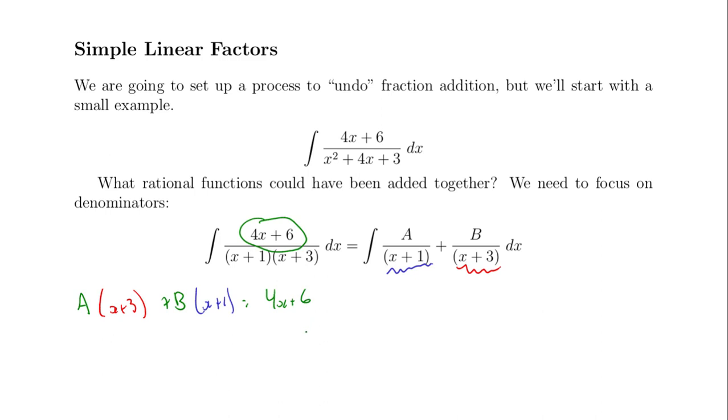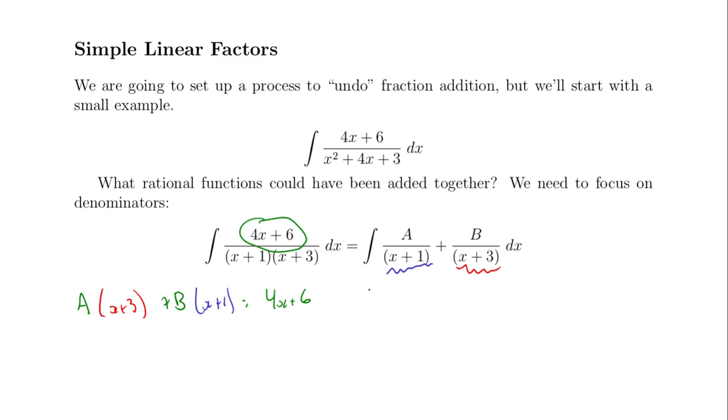So this is the equation that we were working on, right? And we multiplied everything out, and then we were able to set up a system of equations with linear and constant pieces. What we're going to do instead is just notice that this equation is true for all x values, and so it's going to be true for some specific x values.